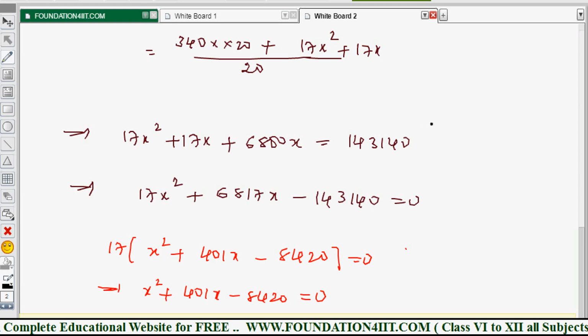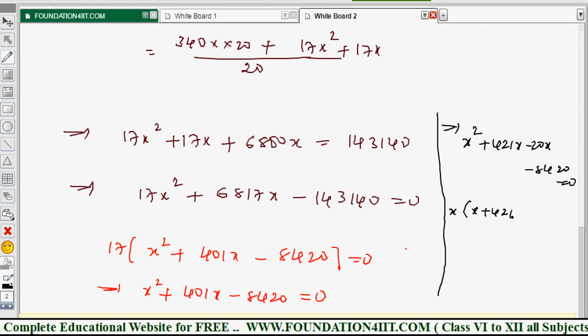So by splitting the middle term, I am writing it on this side: x square plus, 401 is 421 minus 20, so plus 421x minus 20x. If you multiply these two numbers you get 8420, equal to 0. Take the first two terms, x common: x plus 421, and minus 20 common: x plus 421, is equal to 0.